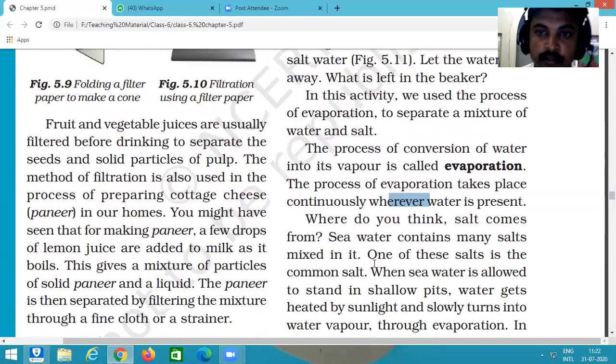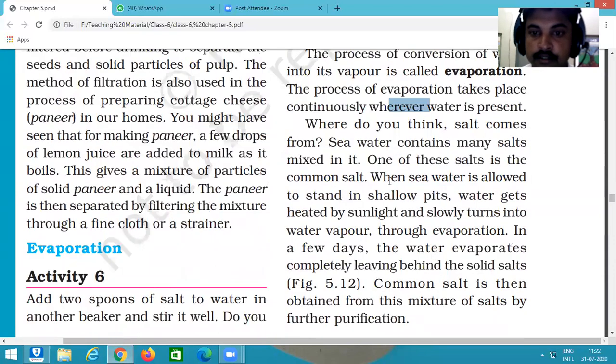In the process of separating salt from sea water, sea water is taken and filled and allowed to stand in a shallow pit, and the water gets heated by sunlight. Naturally by sunlight, the water heats and slowly turns into water vapor.